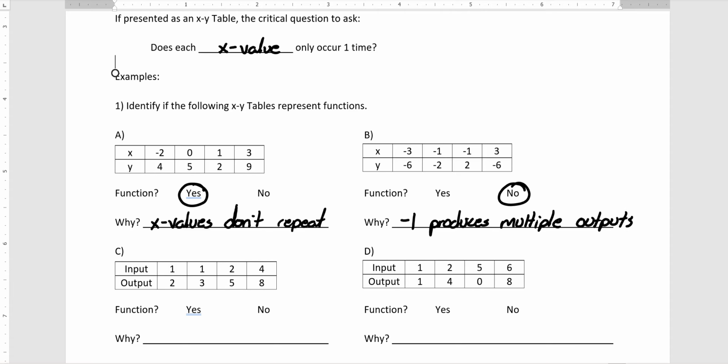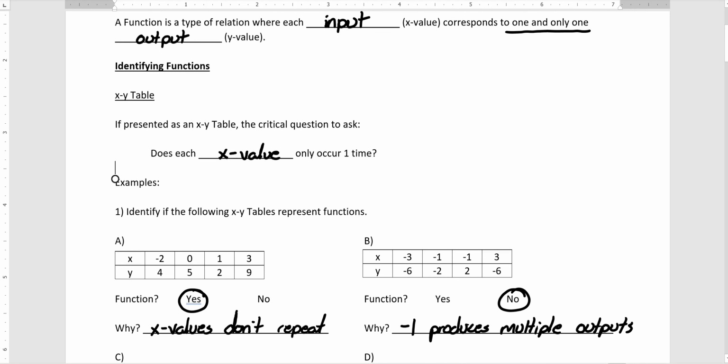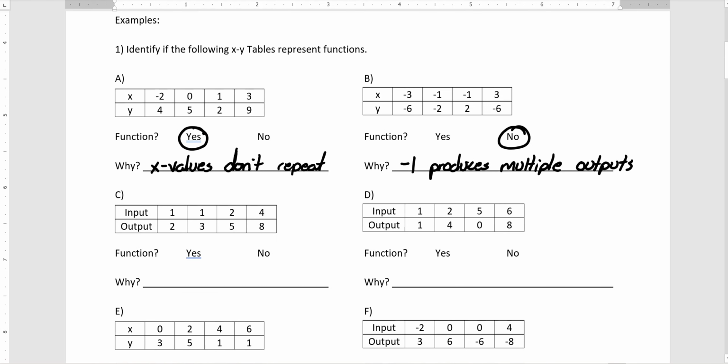If -1 produces multiple outputs, we know right away this is not a function. Remember, the definition of a function is that each input corresponds to one and only one output. Well, -1 in this case corresponds to -2 and +2. So this one is not a function.